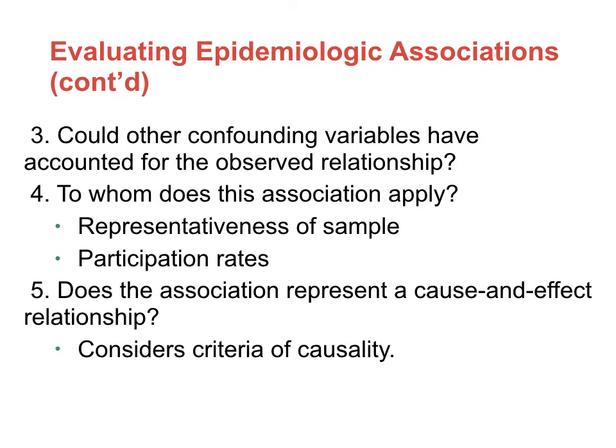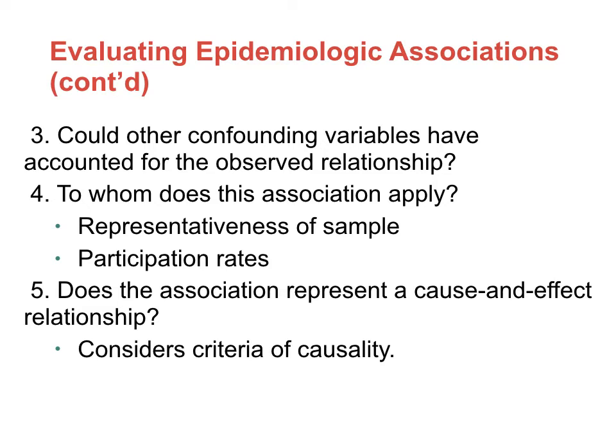Could other confounding variables have accounted for the observed relationship? We're going to talk about confounders today as well, which is another type of bias. To whom does this association apply? This goes back to whether or not our study sample is representative of our actual target population, or if we're trying to generalize these results to an entire population, just say the entire country, or all Americans or something like that.